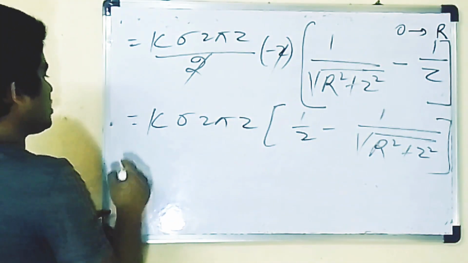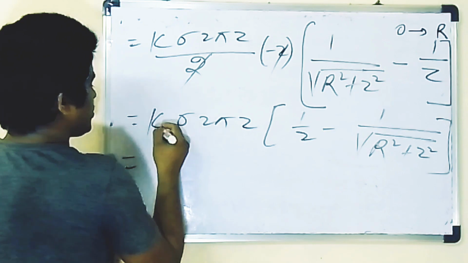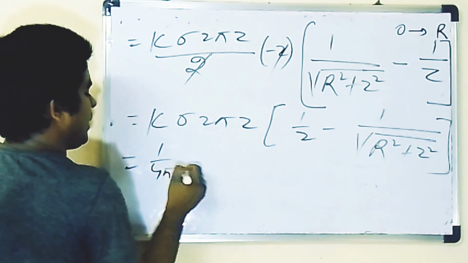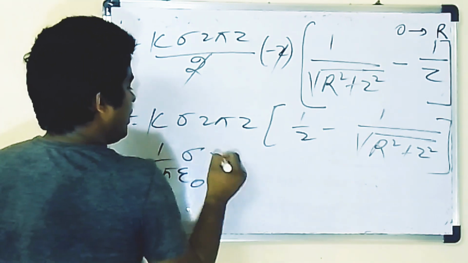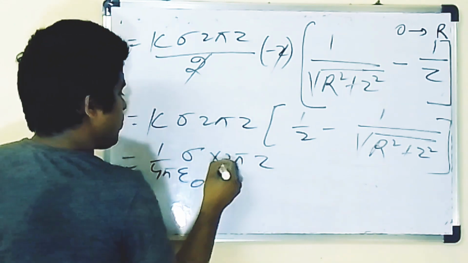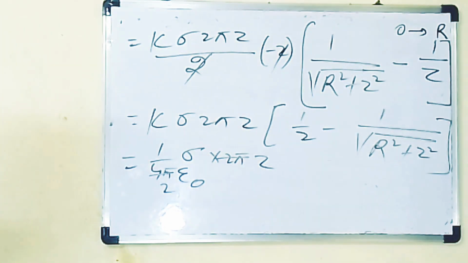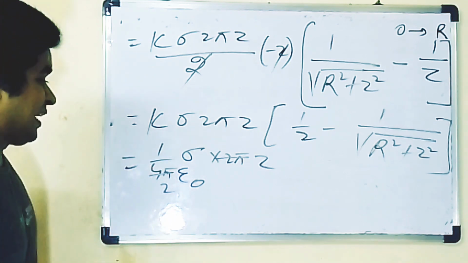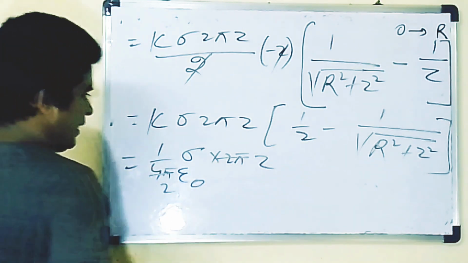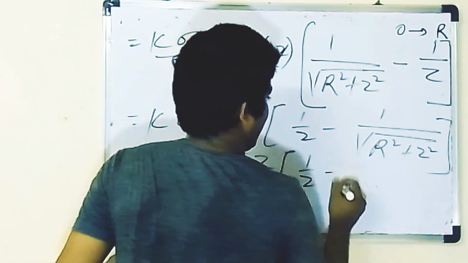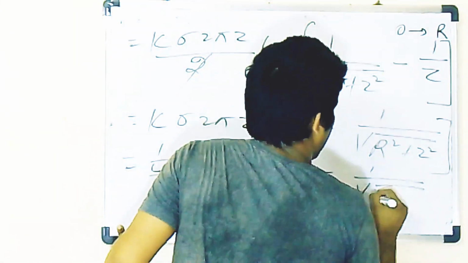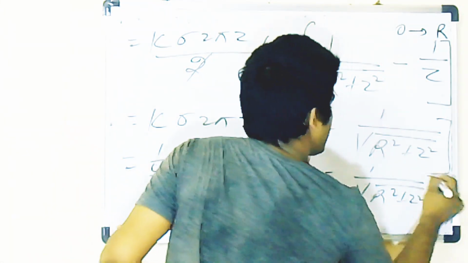So my student, now we can put here, so this is 1 by 4 pi epsilon naught, sigma into 2 pi z. The 2 pi into 2 we can cancel out, so this will be sigma by 2 epsilon naught, into z, into 1 by z minus 1 by root of r square plus z square.